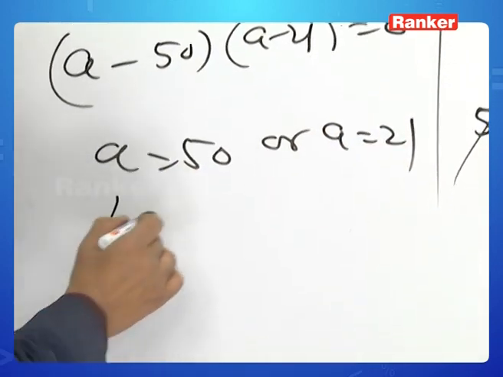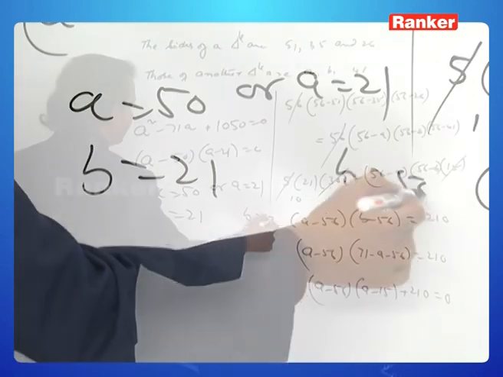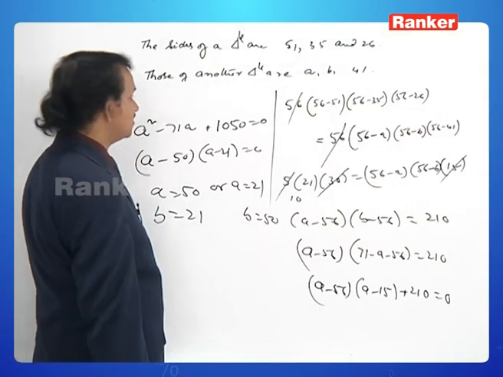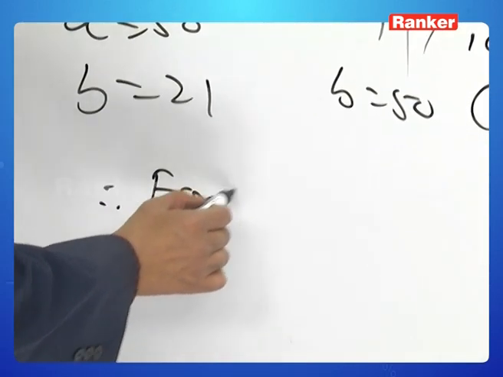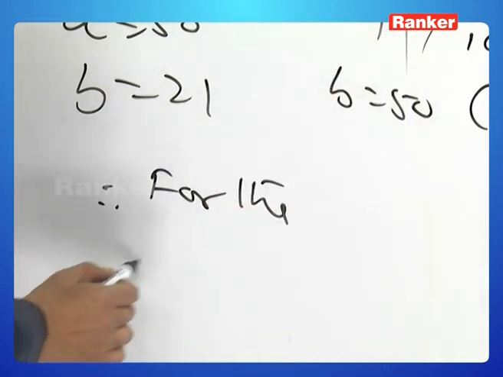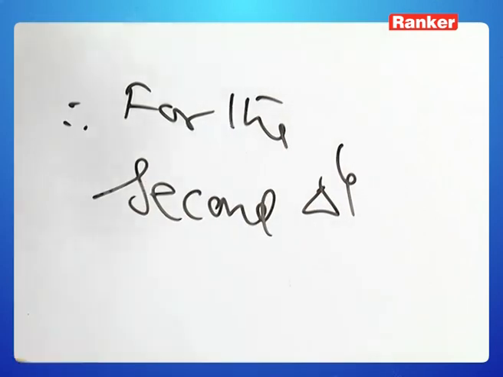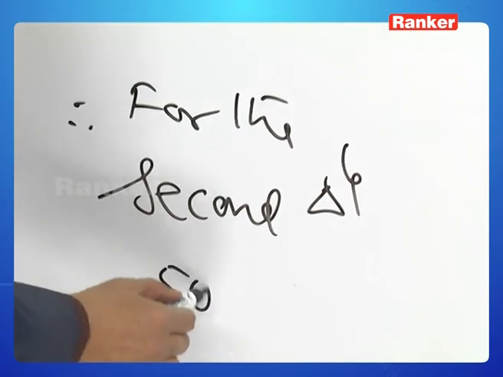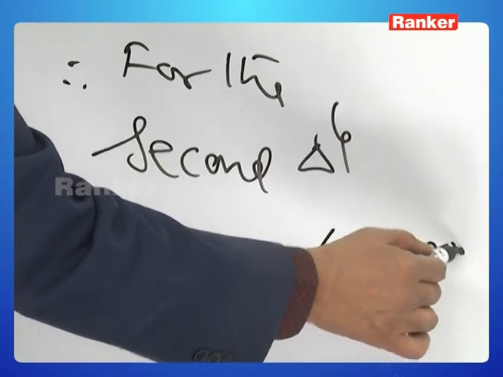If A is equal to 50, B is equal to 21. If A is equal to 21, B is equal to 50. Anyway, the sides of the second triangle are 50, 21, 41.